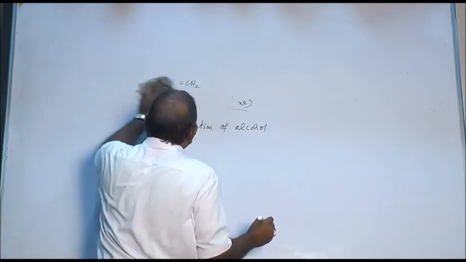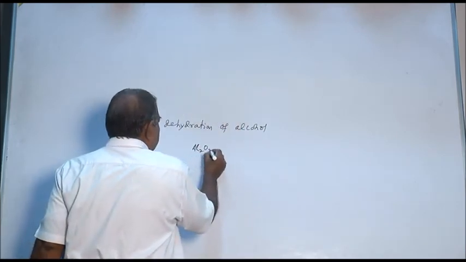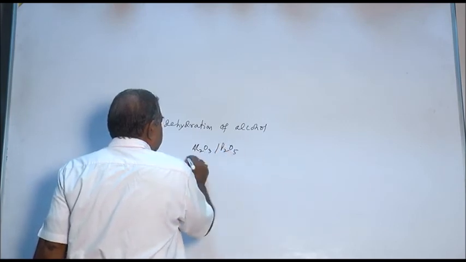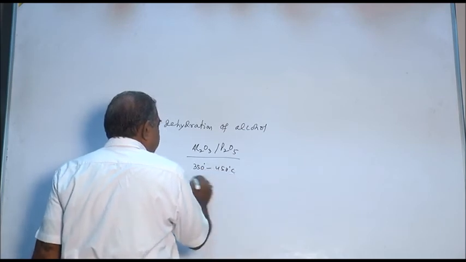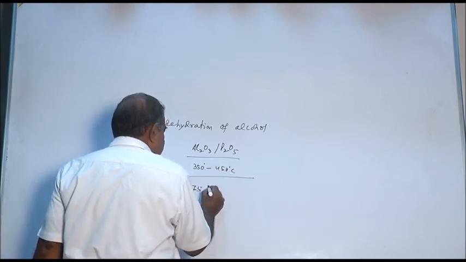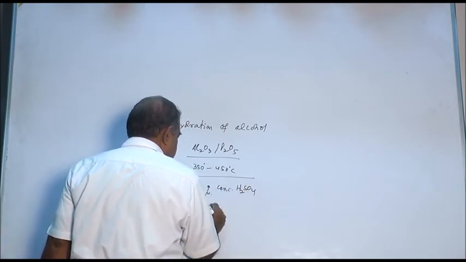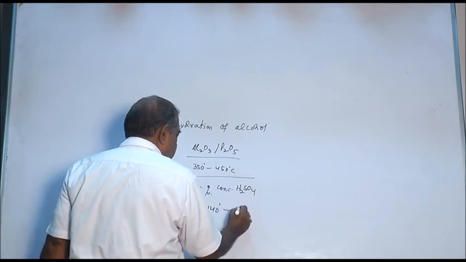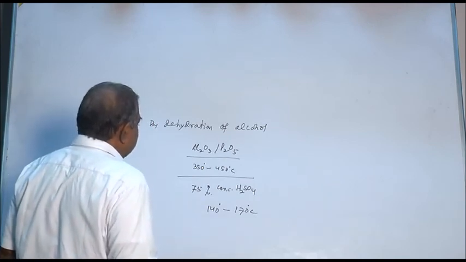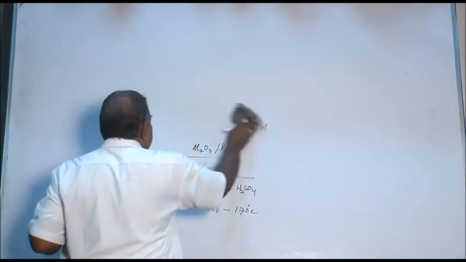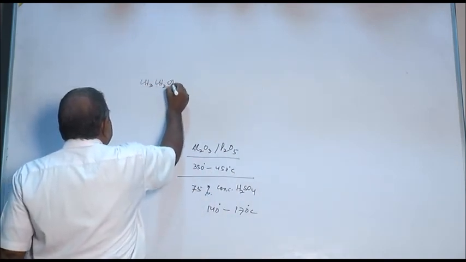When alcohol is treated with dehydrating agents like aluminum oxide or phosphorus pentoxide at a very high temperature, 350 to 450 degrees centigrade, or you can use 75% concentrated sulfuric acid, here the temperature required is less, 140 to 170 degrees centigrade. So your alcohol is dehydrated to form alkene. Say if you are taking ethyl alcohol, this is your ethanol.